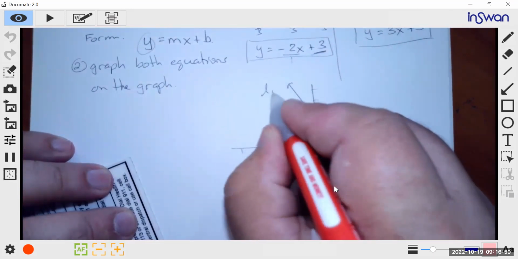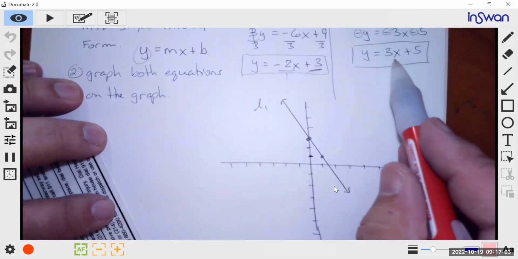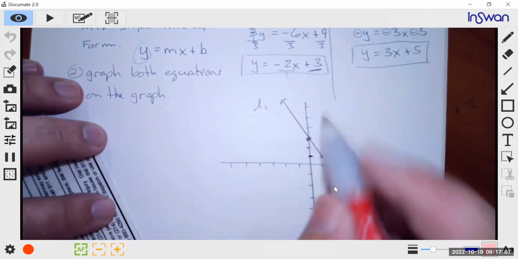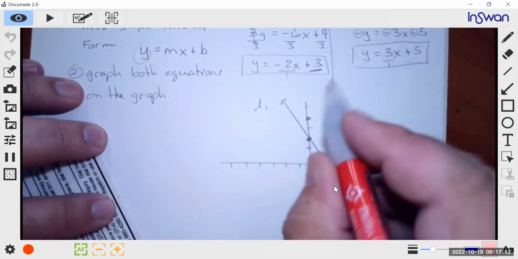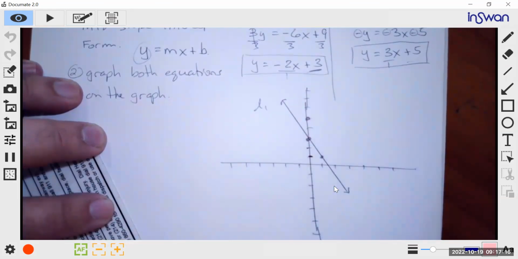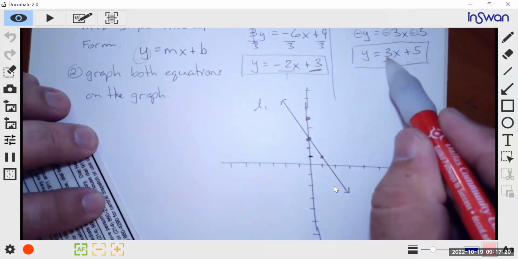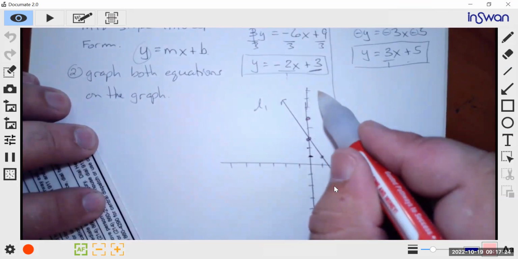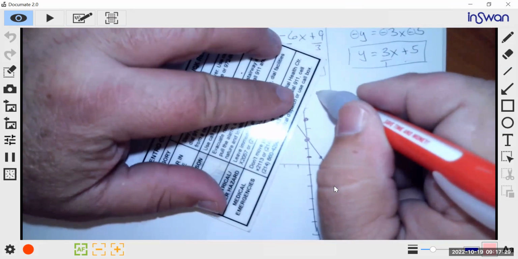There's line 1. Do the same thing with the second one. Plot the y-intercept, which is 5. 1, 2, 3, 4, 5. And follow the slope up 3 over 1. No, it's just 3x, it's positive 3x. So it's up 3 over 1. Over 1. So you put a dot there. Connect the two dots.